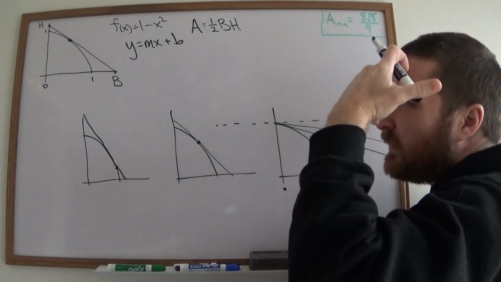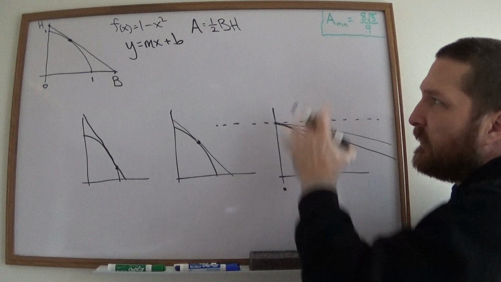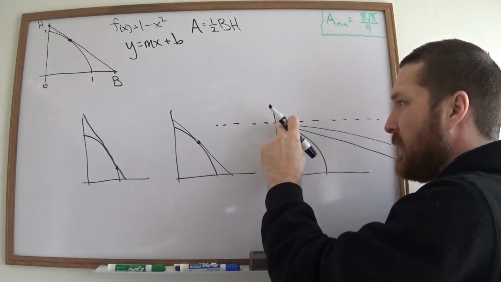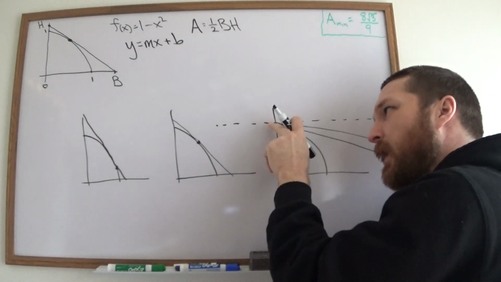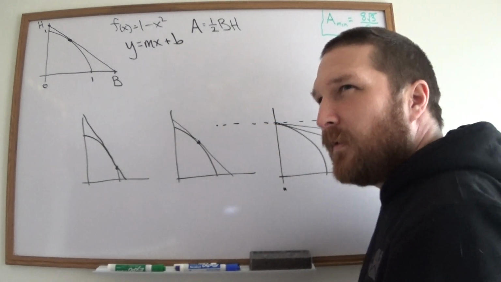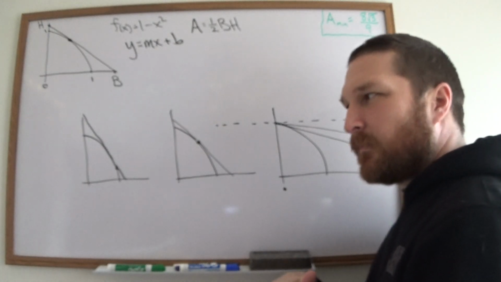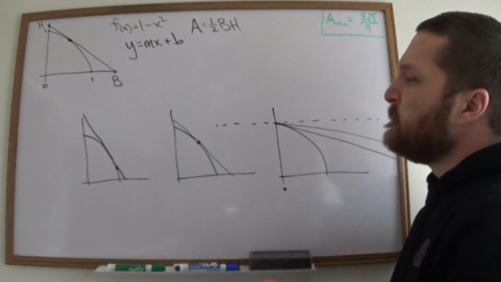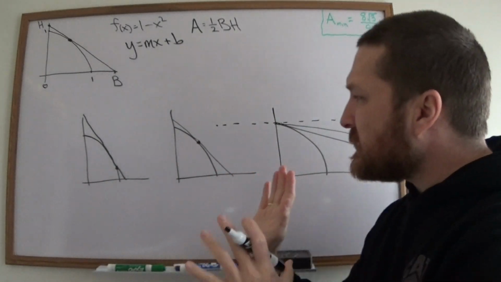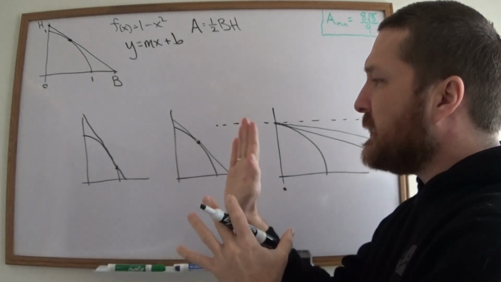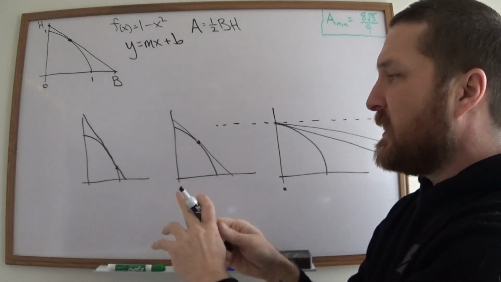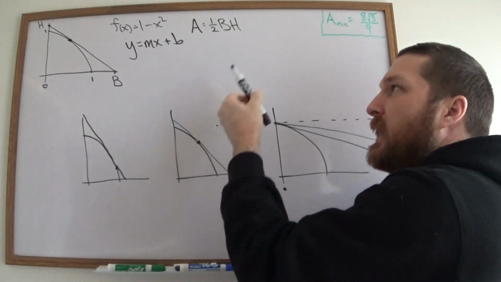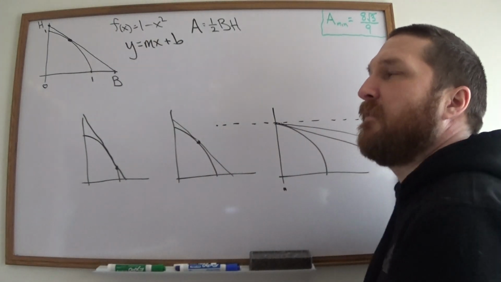So already I'm thinking, if I do all my work and I find that the closer I get to 0, the bigger the area is going to be, I'm going to use that to check my work once I finally get a formula for this. So the thing that's being varied, the way that I frame this, is where does the tangent line actually touch the function f?